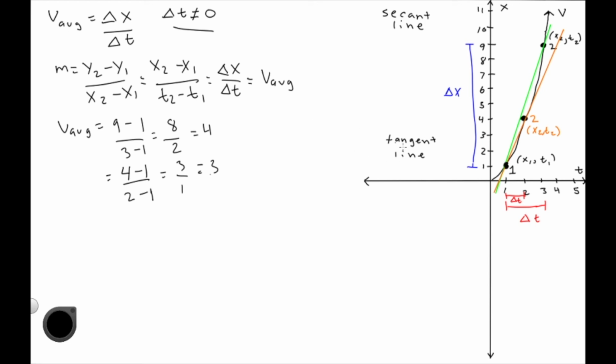So let's go ahead and draw that tangent line. Let's draw that tangent line in the color blue. So that new line is going to just touch the curve at this point.